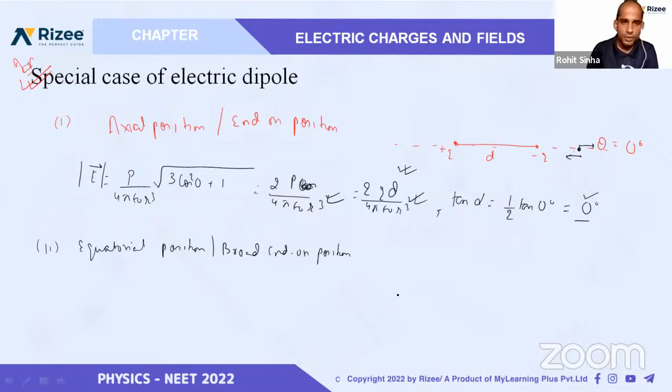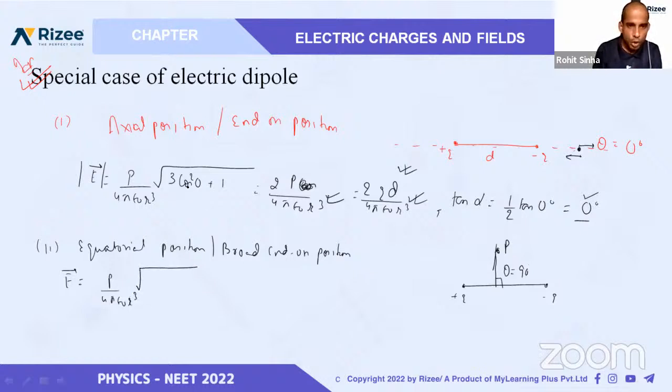If we have two charges, plus q and minus q, and we have a point P which is mutually perpendicular, at this point theta is equal to 90 degrees. What will we get for the electric field? The electric field will be P by 4 pi epsilon naught r cube under root 3 cos square theta.